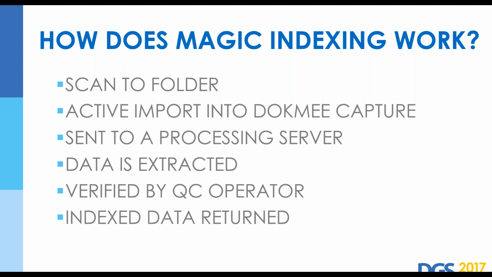We have a pair of eyes on every single one of those index fields, making sure that they're correct. So if you take, for instance, a vendor name, I know the vendor name on an invoice is going to be at the top third of that page somewhere. It may be on the left, it may be on the right, maybe the middle. It could be a logo. It doesn't matter.